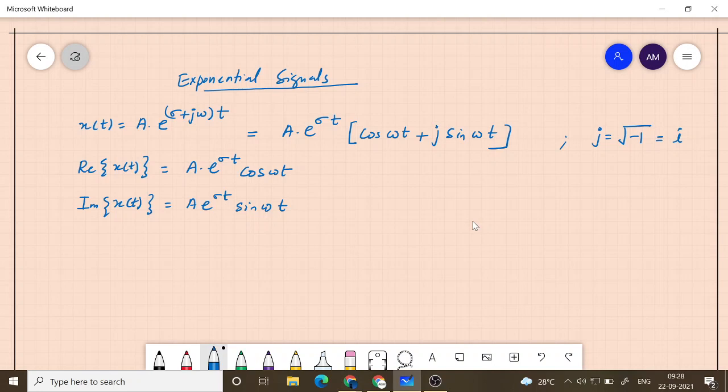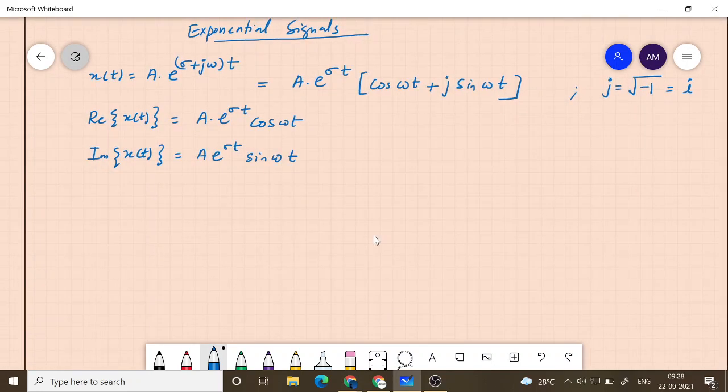Now depending upon the value that each of these parameters take, say sigma is one parameter and omega is another parameter, we can divide this into different cases. Let's take case 1, where omega is equal to 0 and sigma is less than 0.